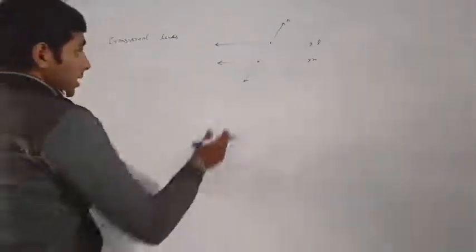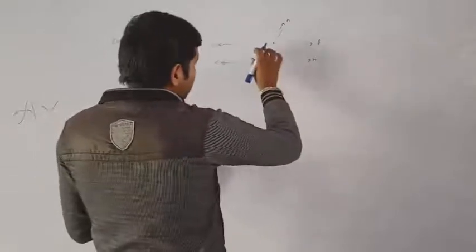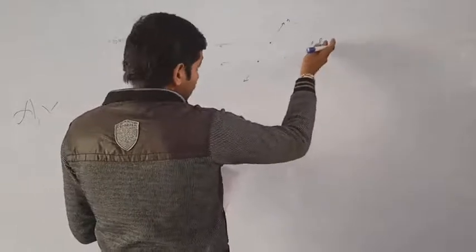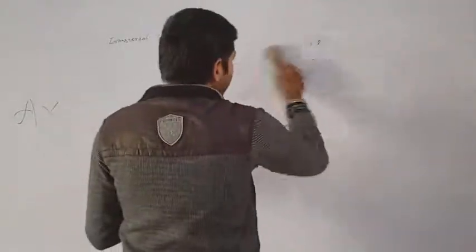Here in this figure, L and M are straight lines, and N is also a line which intersects L and M at distinct points. So this line is called a transversal.